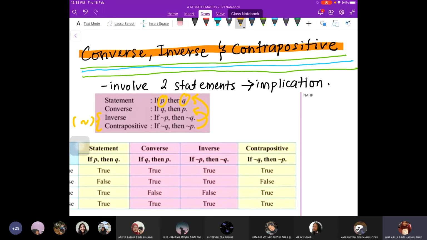Nasib baiklah, depan huruf converse adalah C, contrapositive also C, so hopefully you will not get confused mana yang kita kena negatekan. So contrapositive will negate converse. Alright, so that is one.